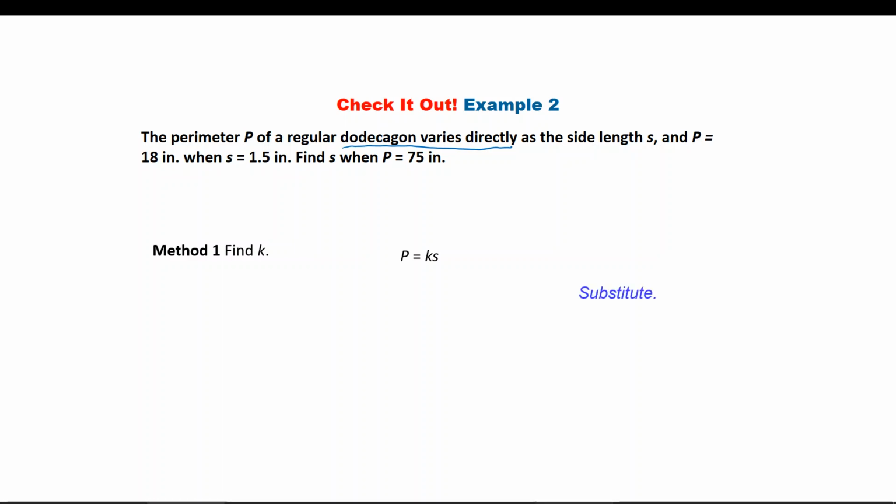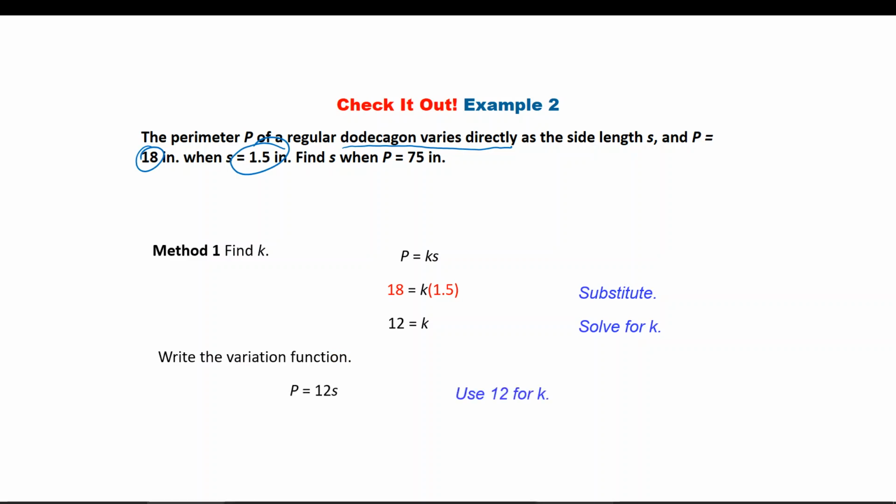The next thing we want to do is go ahead and substitute. We see that p equals 18 and s equals 1.5, so we're going to substitute those in. Solve for k by dividing 1.5 on both sides, and we get k equals 12. Next, we need to write the variation function, and so we're going to use 12 for k this time, and we're going to say p equals 12s.